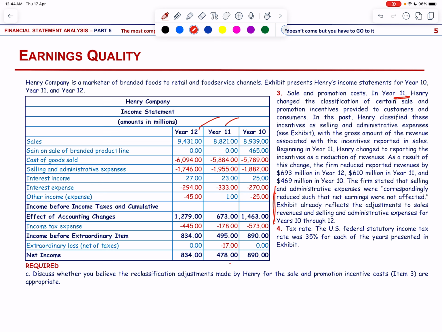So is Henry's reclassification appropriate? For those who know ASC 606 and IFRS 15, in either case, incentives that are paid to the customers reduce the amount of revenue and are not treated as expenses.